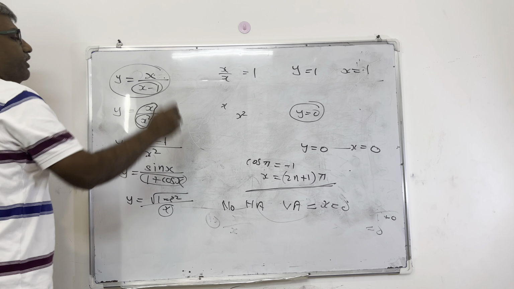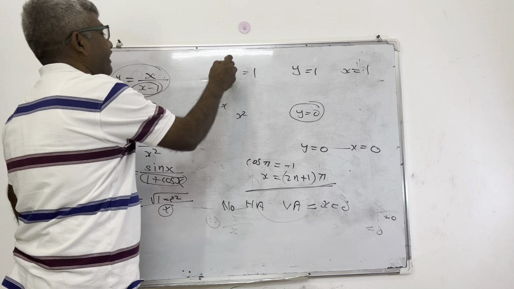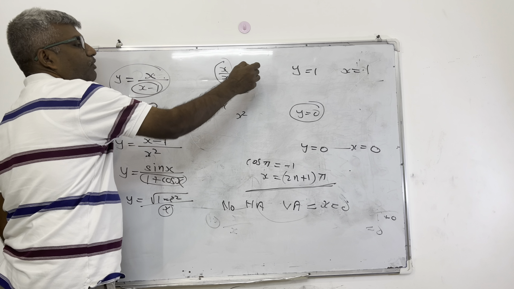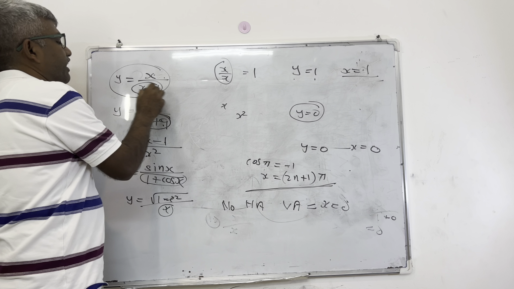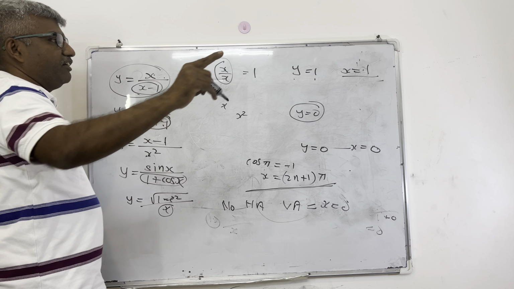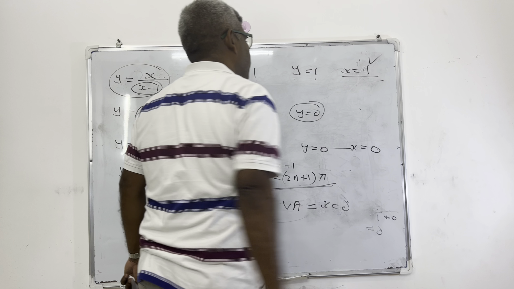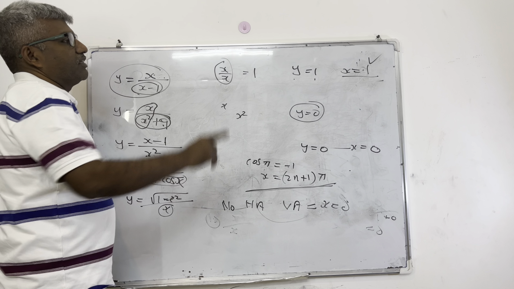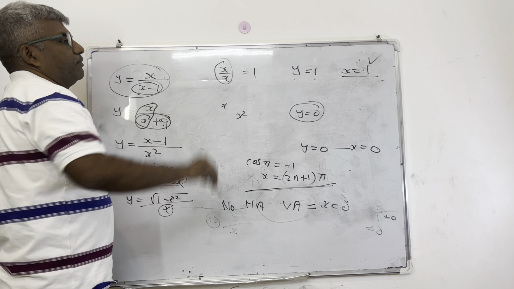I repeat, y equal to x over x minus 1. With x over x, the highest power coefficient is 1, so y equal to 1 is the horizontal asymptote. For x minus 1, when x is equal to 1 it is undefined, so x equal to 1 is the vertical asymptote.